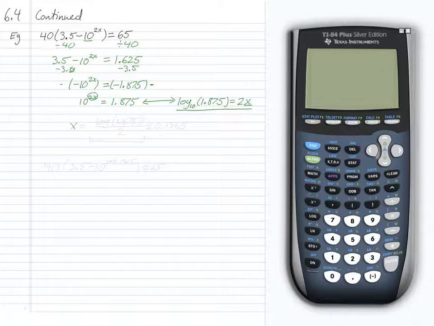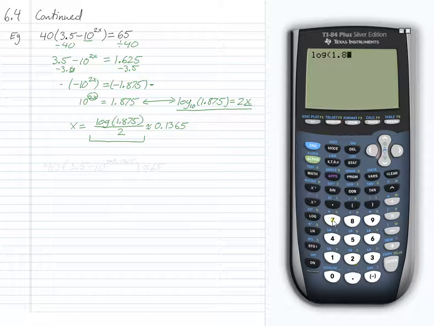So we see that x equals log, and remember we can drop the base there, of 1.875 over 2. If I plug this into my calculator, I find an answer of approximately 0.1365. However, we could leave our answer in these terms. In terms of the logarithm, we have the exact definition of our answer.